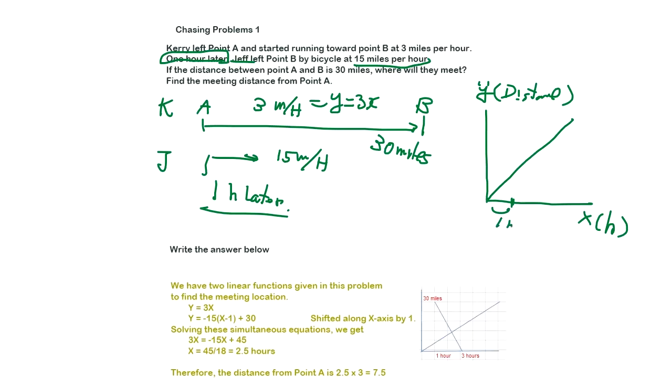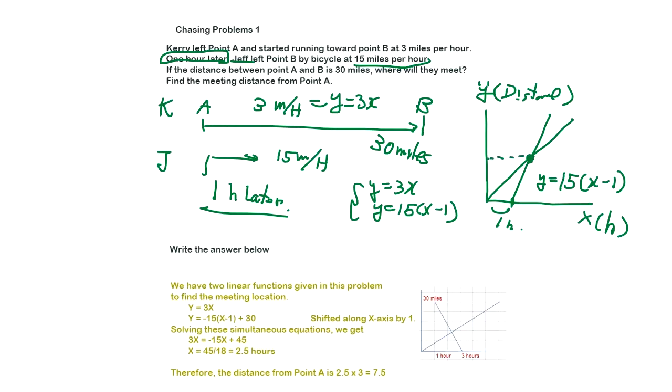But his equation is y equals, what is the slope? 15, right? But it's shifted in x, so x minus 1. So we already got it. y equals 3x, y equals 15 times (x minus 1). You just solve it. Then we know x and y, and this y is a distance, this x is a time.